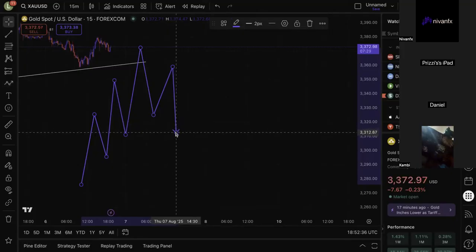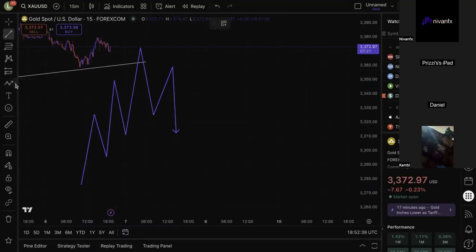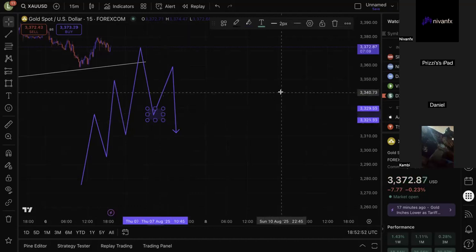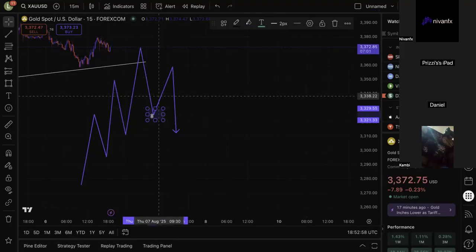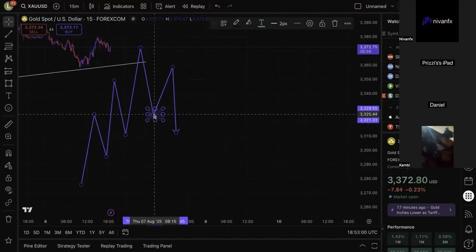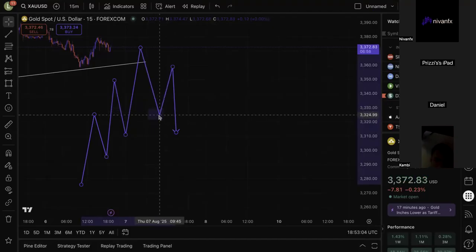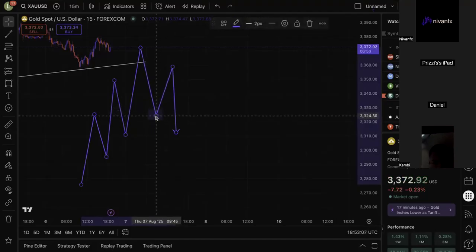In that essence, let's say this level where you bought from is liquidity or your inducement, where the market is trying to tell you that this is where it wants you to buy, or this is where it's trying to entice people, induce people to buy, whereby this area is a false zone for buys.